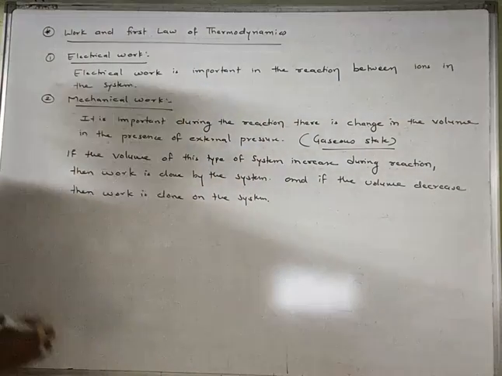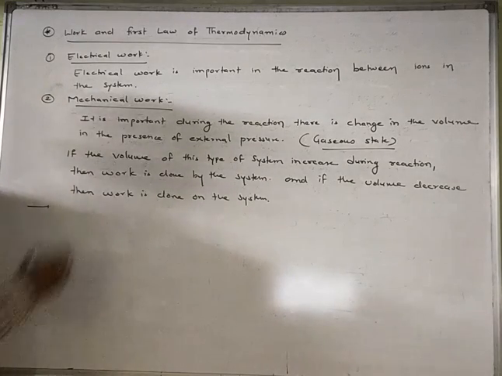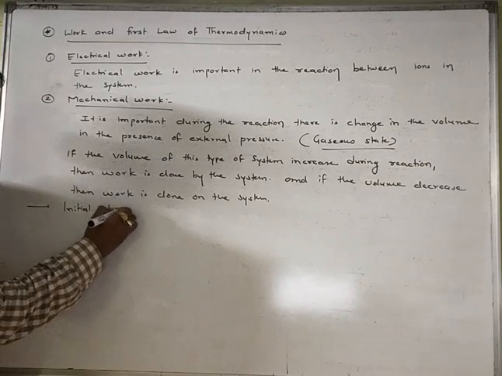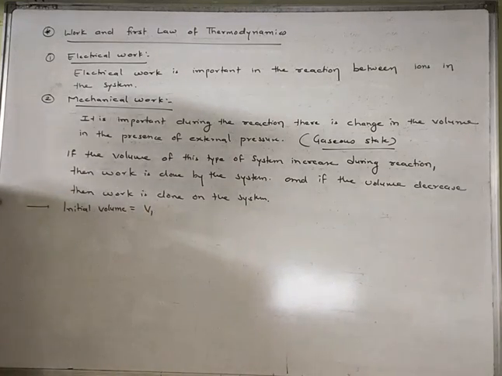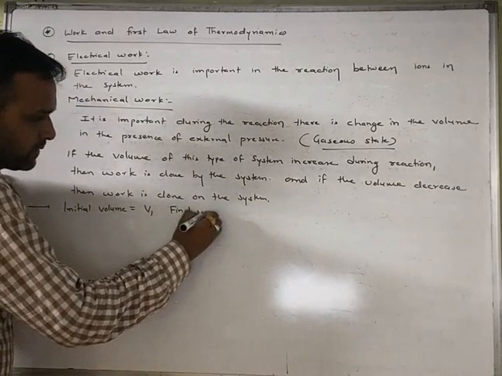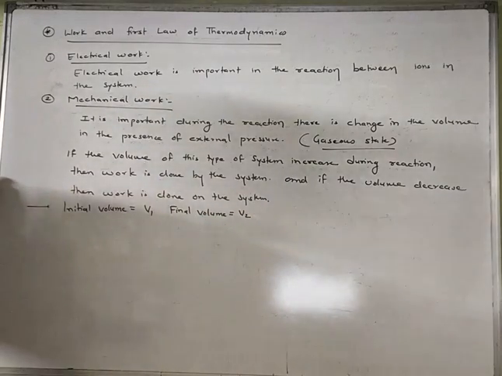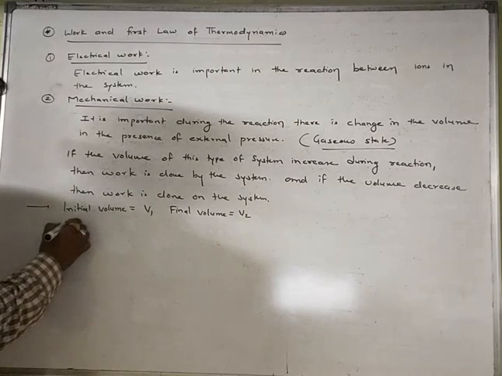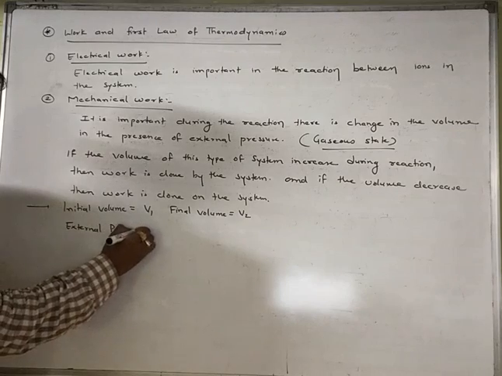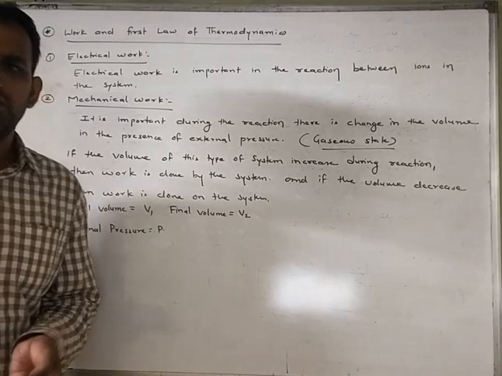Let us suppose, if we take an example, the initial volume of the system is V1 and the final volume is V2. The external pressure is P, which is applied on the system.